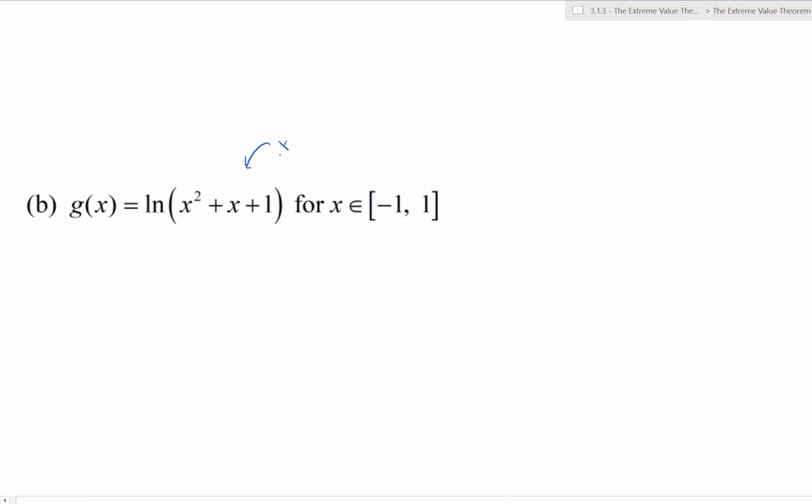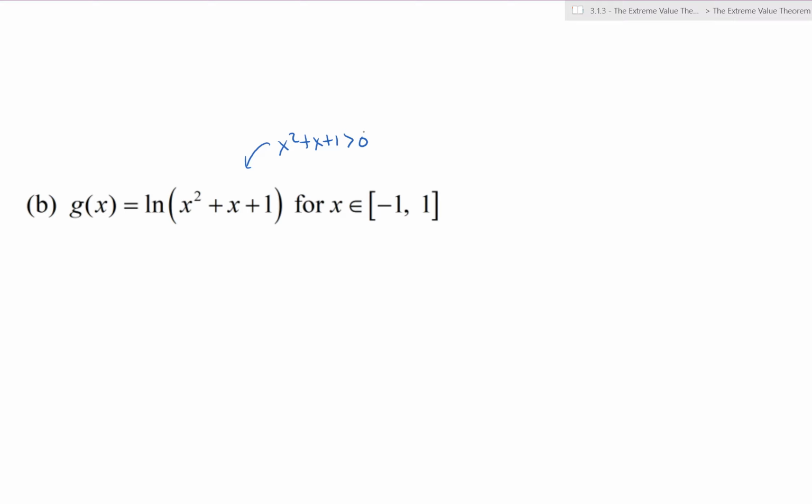So it's always defined, and therefore always continuous because it's not a piecewise function, it's a composite of elementary functions. So we have a continuous function again over a closed interval, and we know that the extreme value theorem applies in this situation.